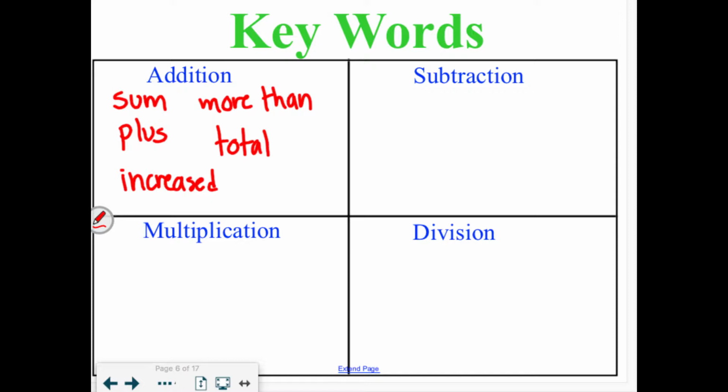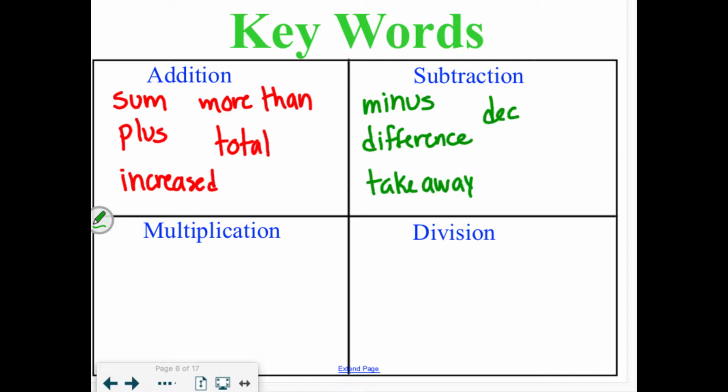Again, that's not a complete list of words. You can always check out the poster hanging up on the side of my classroom for more words. Some examples for subtraction include minus, difference, take away, decrease, and less than.